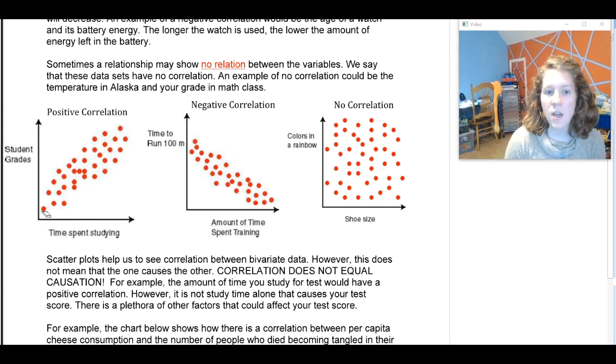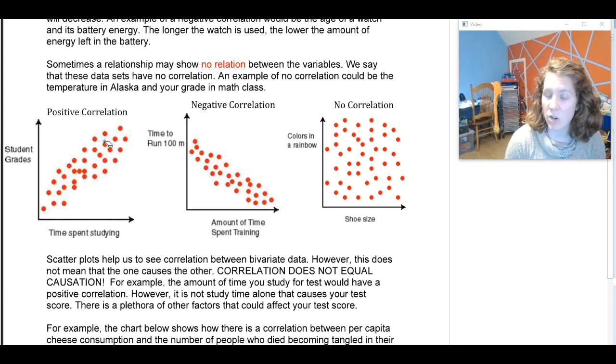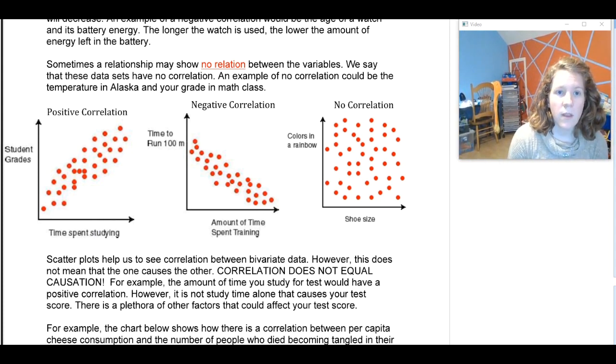So it's not a perfect correlation. It just means that if a student studied a bunch of hours, we would expect to see their grade up higher. It would be weird if we had a kid who had studied for 5 hours and they had a 0 on a test. Of course, it happens, but it's outside of the norm.